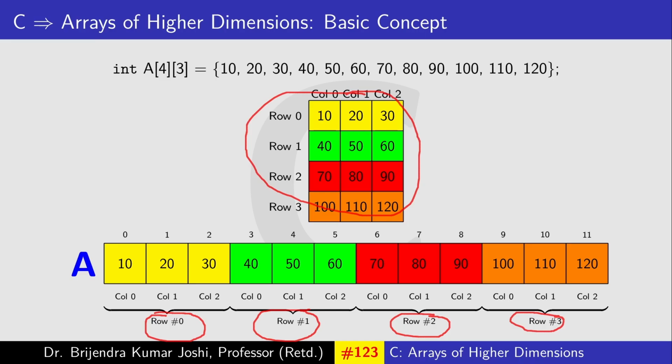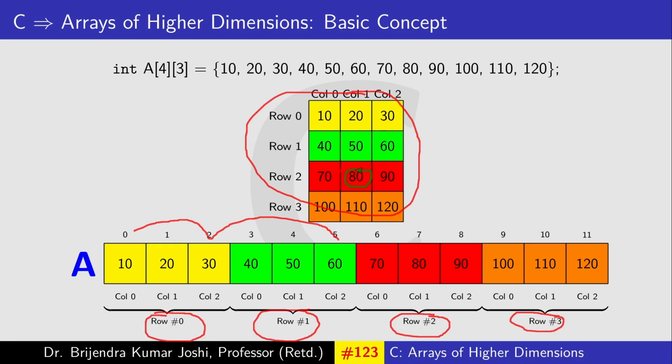Okay, so if I want to access, suppose, value 80, how would I reach it? I will have to skip 2 rows. So this row I have to skip and this row I have to skip. It means 2 rows.